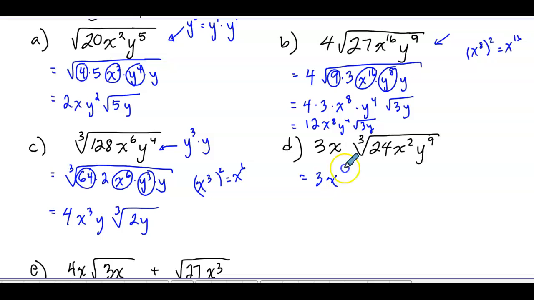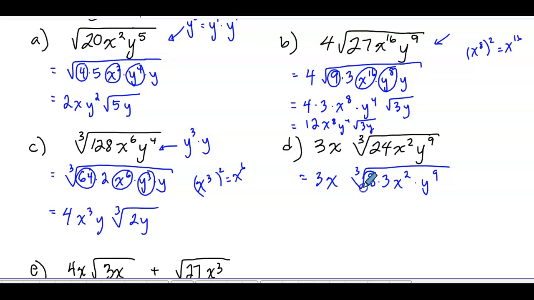This one, 3x, we leave out. Cubed root, so cubed root of 24 is 8. So 8 times 3 is 24. X squared, not a perfect cube, and there's nothing that we can do. So we're just going to leave that. Nothing lower than that that's a perfect cube. And then y to the 9th, that is a perfect cube.